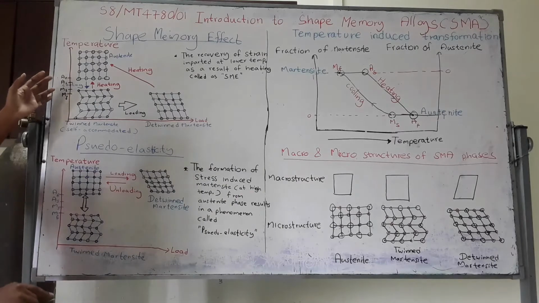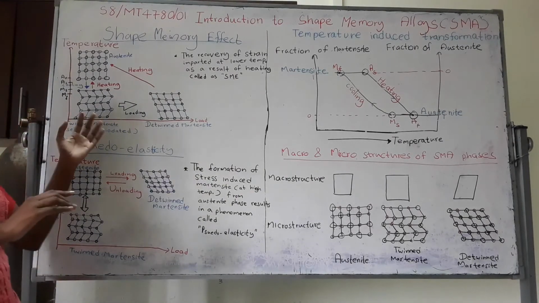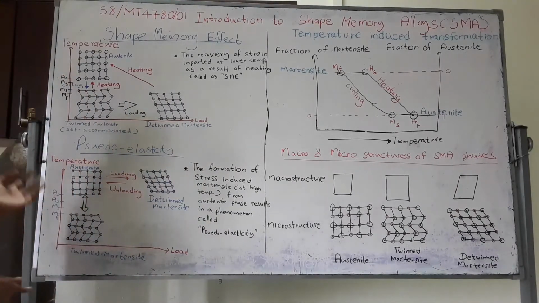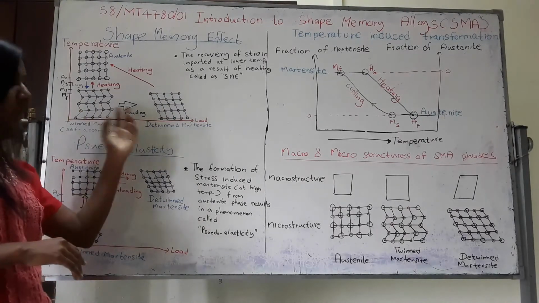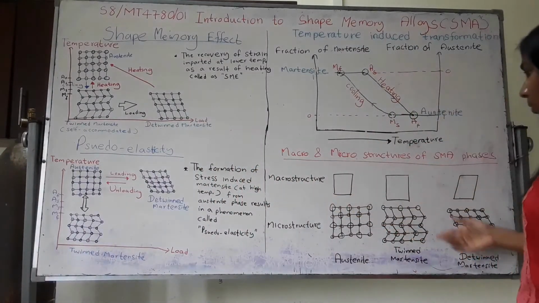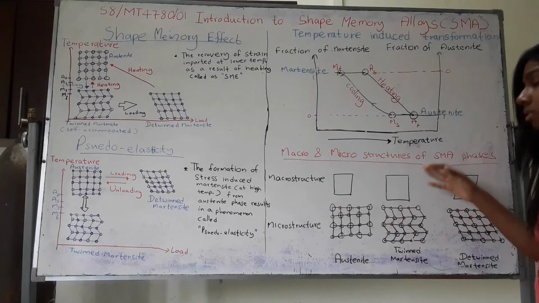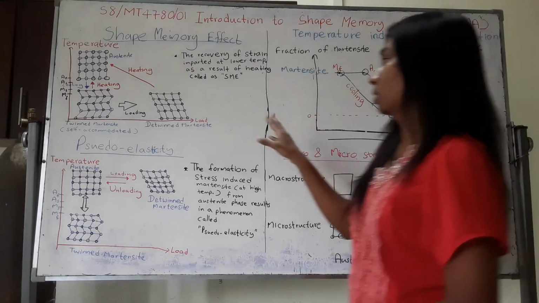Then in room temperature you can see twinned martensite. It's the self-accommodated phase because in room temperature twinned martensite is the stable phase. So when it loads, it turns into detwinned martensite, and you already know when twinned martensite forms into detwinned martensite, there is a macroscopic structure change. So it has deformed when it came to detwinned martensite.